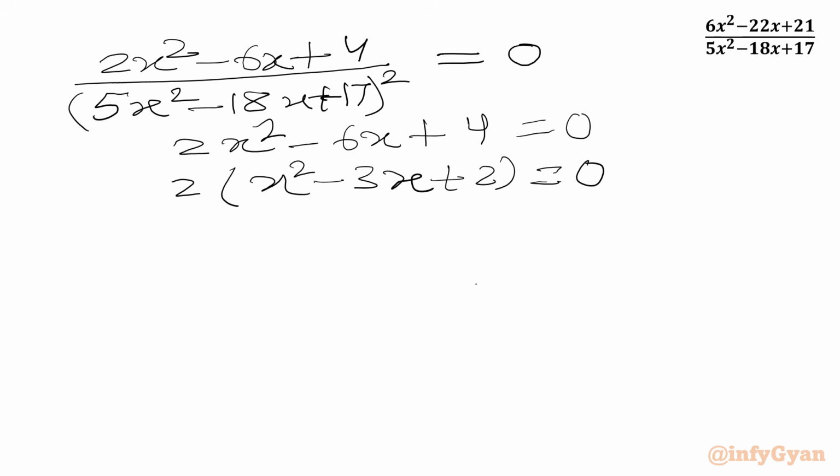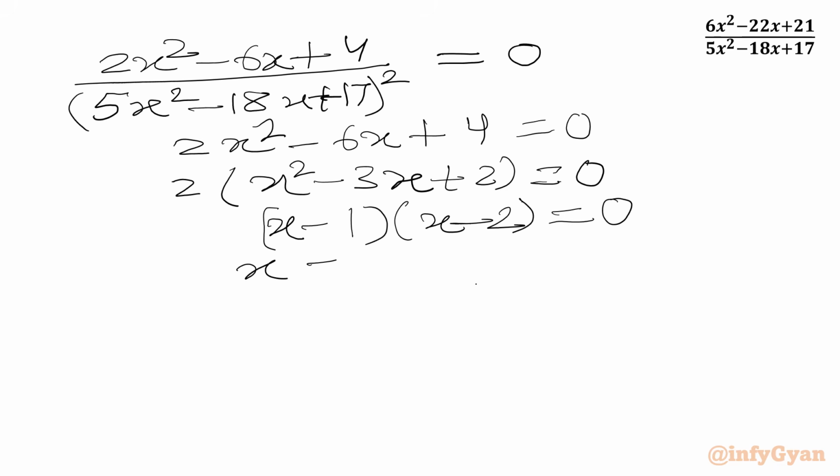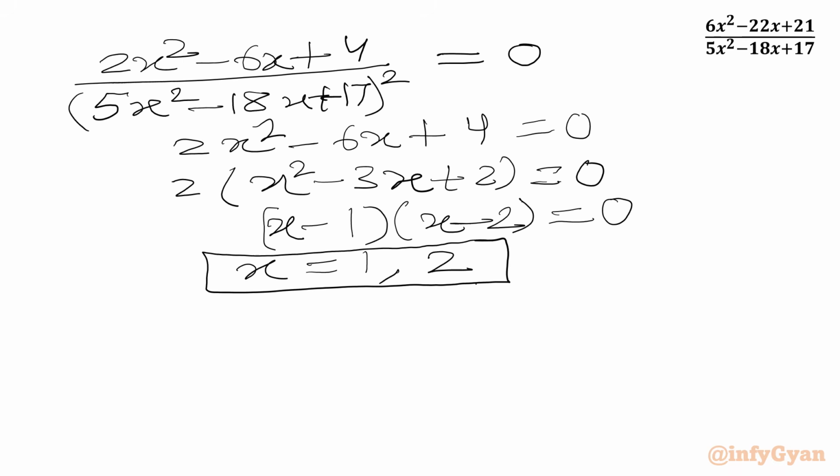We can factor x square minus 3x plus 2, and we will write (x minus 1) times (x minus 2) must be equal to 0. So from here we will get x equal to 1 and x equal to 2. Now we have two critical points, x equal to 1 and x equal to 2.